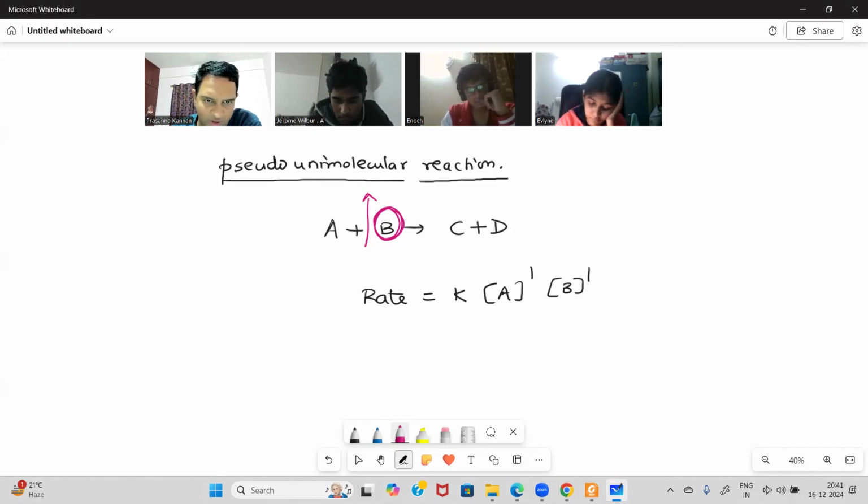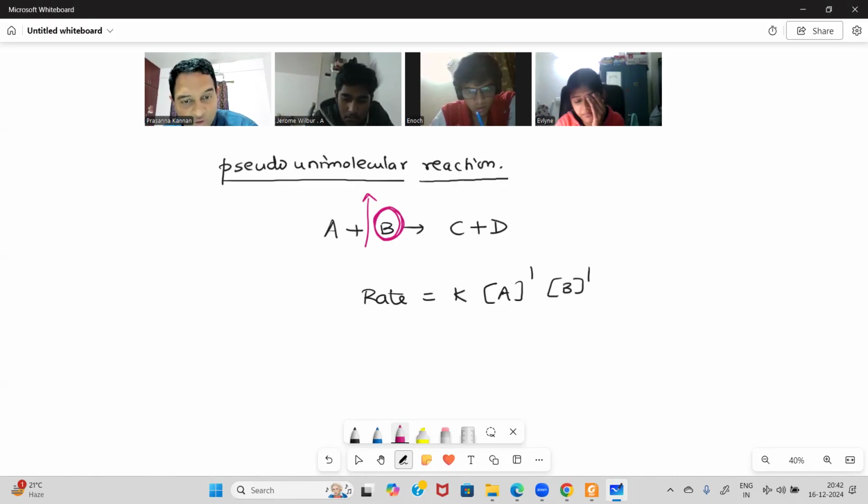For example, according to this reaction, 1 mole of A combines with 1 mole of B to give 1 mole of C and 1 mole of D. Suppose instead of taking a few moles of B, I'm taking 1 lakh moles of B. Then what will happen? 1 mole of A will still react with 1 mole of B only, right? How many moles of B will be left remaining unreacted? Let's say 99999, correct? So earlier it was 1 lakh, now it is 99999. So the difference is negligible compared to the quantity, right? It's 1 upon 1 lakh.